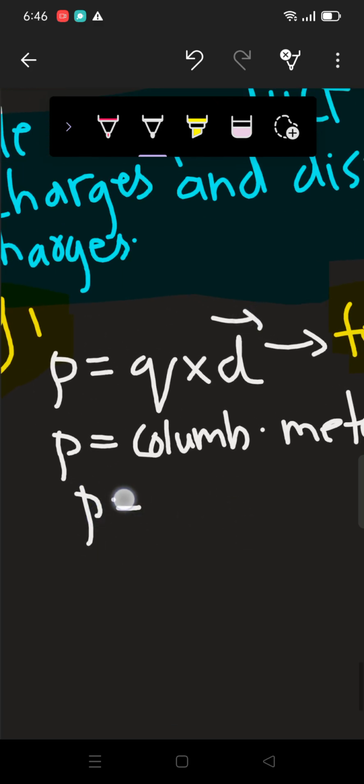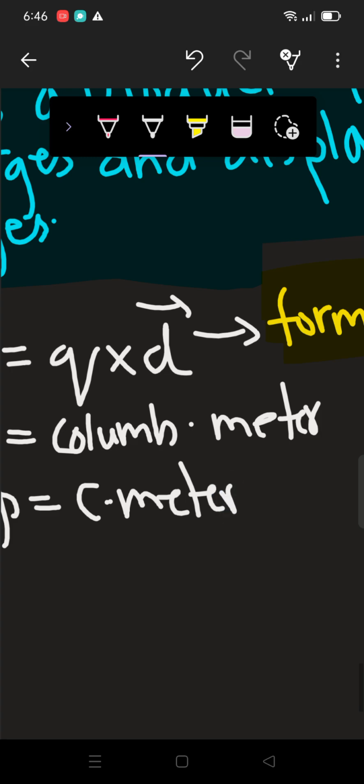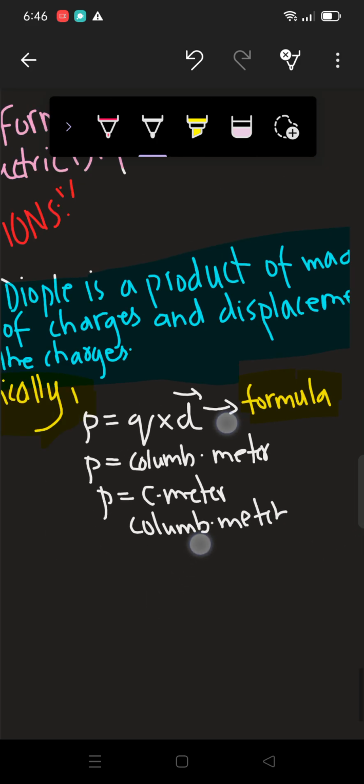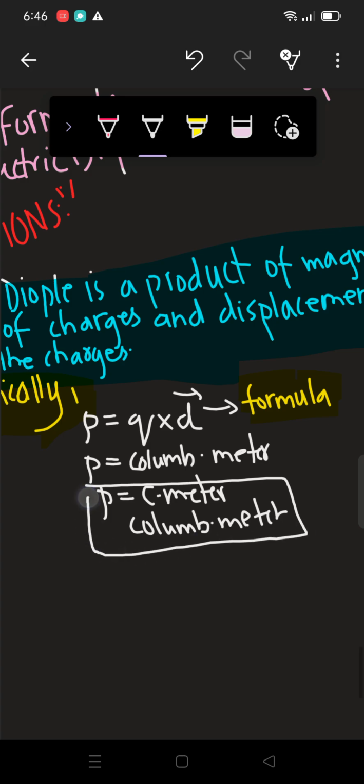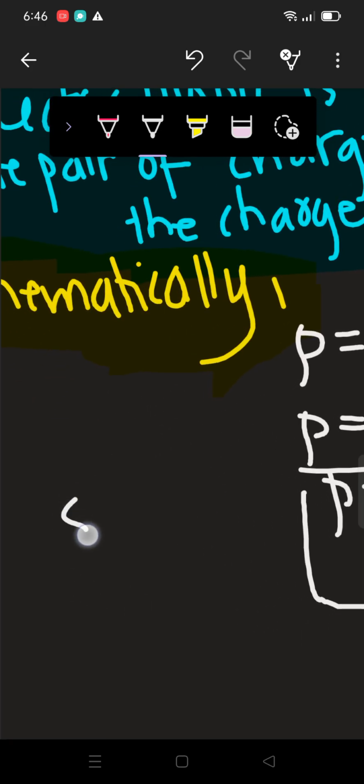Instead of writing cm, which seems like centimeter, it's good to write the entire words, coulomb meter. This is the SI unit for the electric dipole.